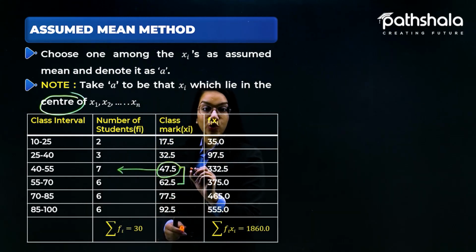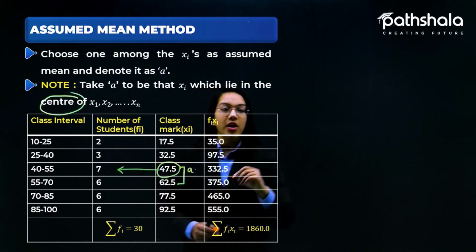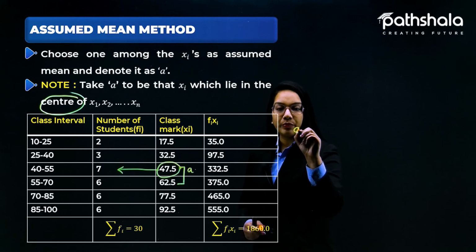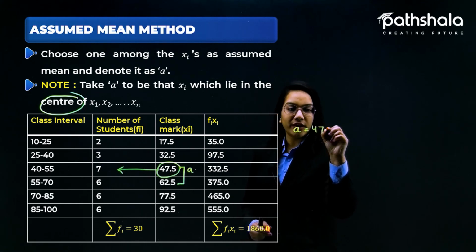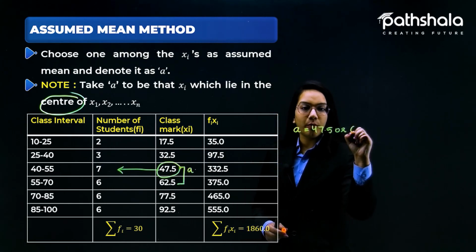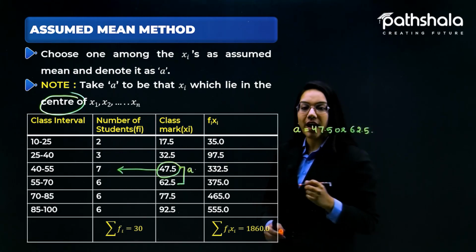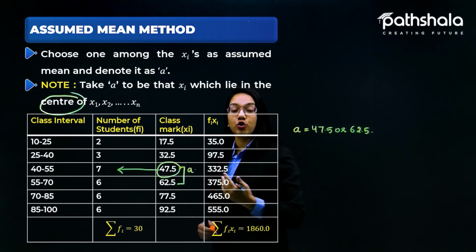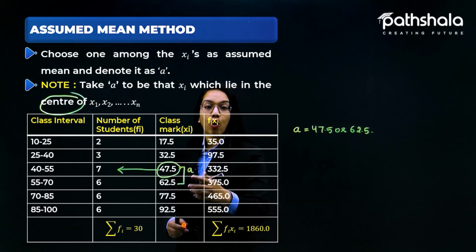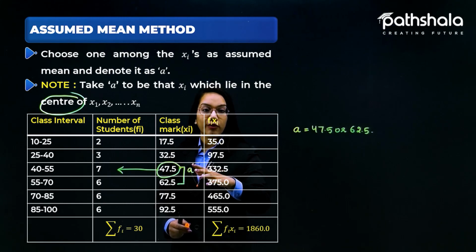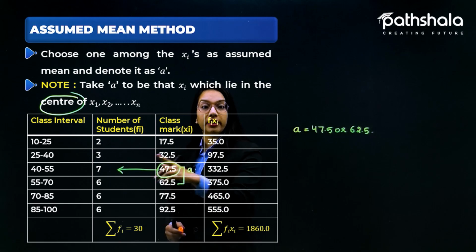So here I am assuming the assumed mean, that is a, is equal to 47.5. You can opt for a as 47.5 or you can opt for a as 62.5, but whenever we have such a situation in which we have two values and we have to opt for one, always go for the element, the class mark, or the number which has a greater frequency.